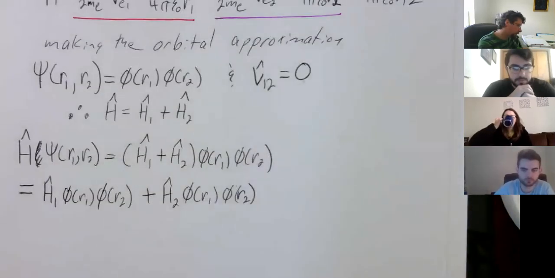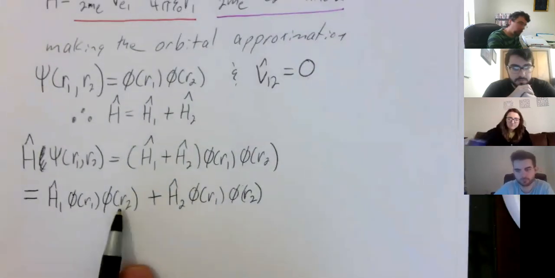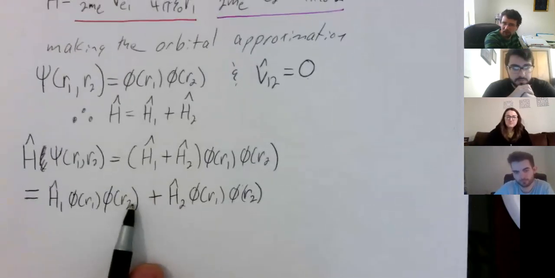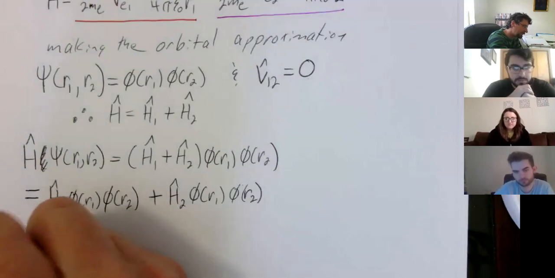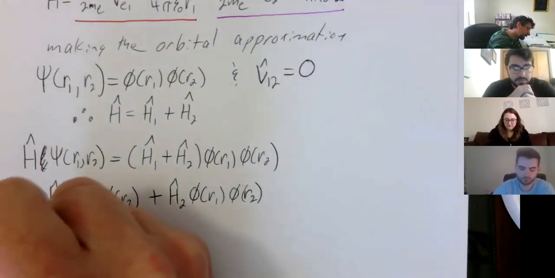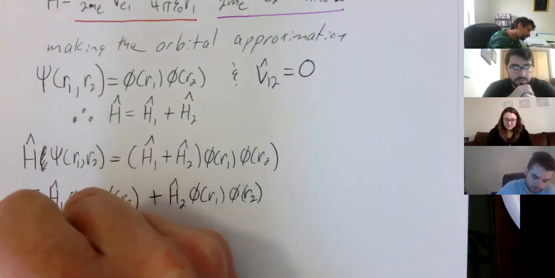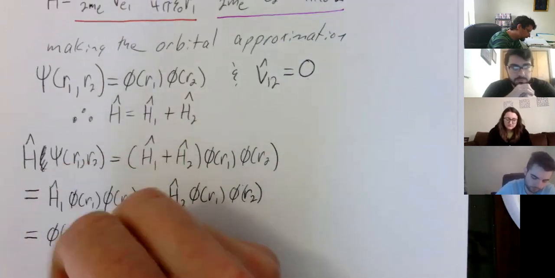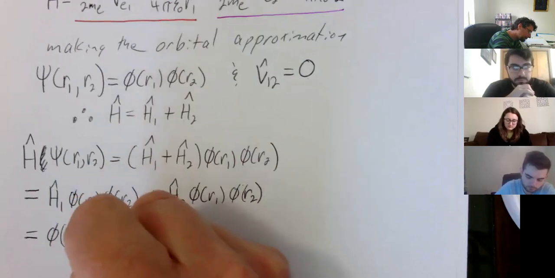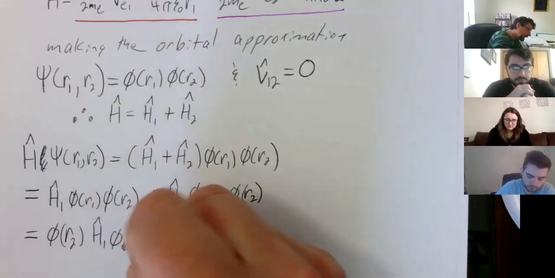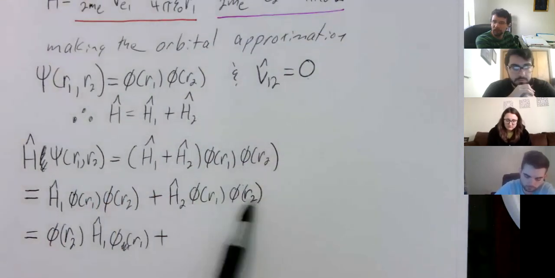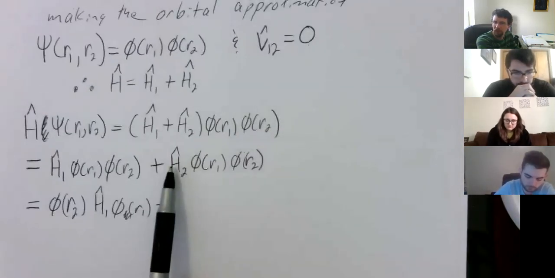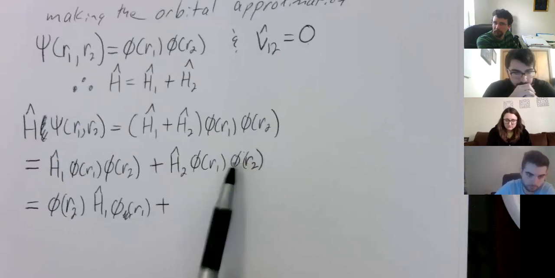So we can rearrange this. We can pull this function out front as a scalar because the operator doesn't impact it. And then we can do the same thing with this one, because this Hamiltonian only influences orbital number 2.